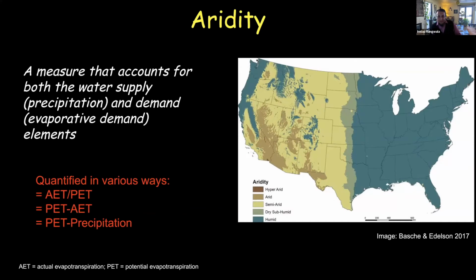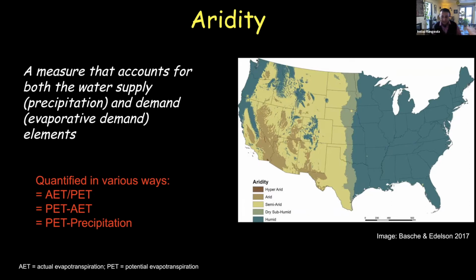Another term that I really want to talk about is aridity. Again, that term is thrown around quite a bit. It's a measure that accounts for both the water supply and demand elements: supply primarily from precipitation, and demand from the evaporative demand.